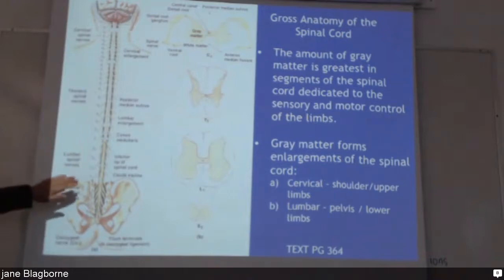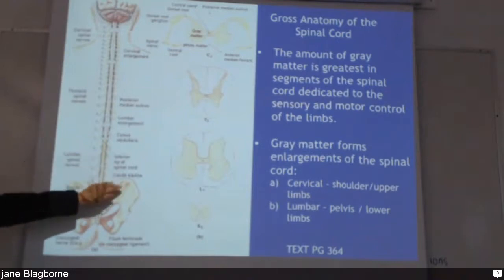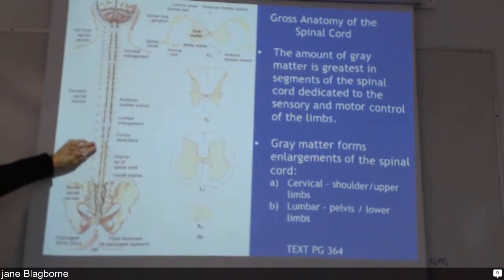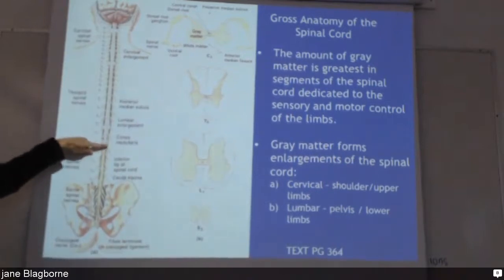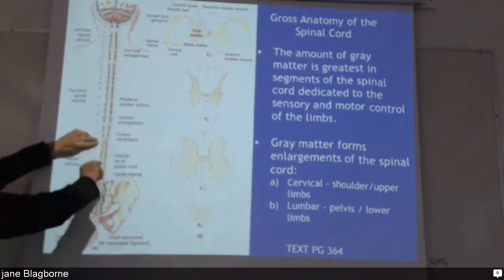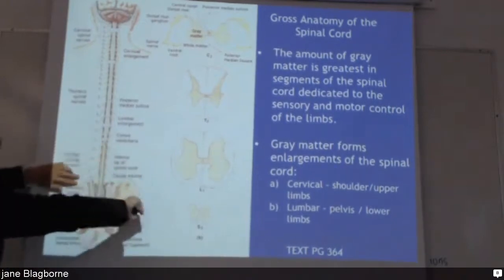So down here you'll notice that it has the lumbar spines listed here. And then it has the cauda equina, which is Latin for horse's tail. So what happens is the spinal cord itself actually ends, and then these are all just the nerves that come out.